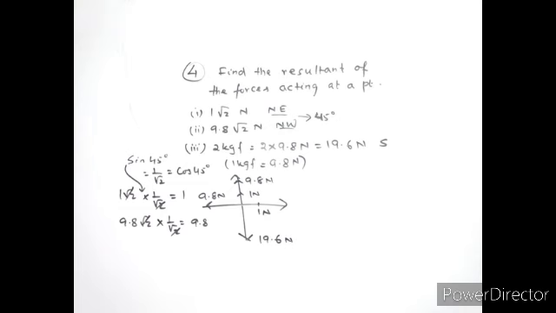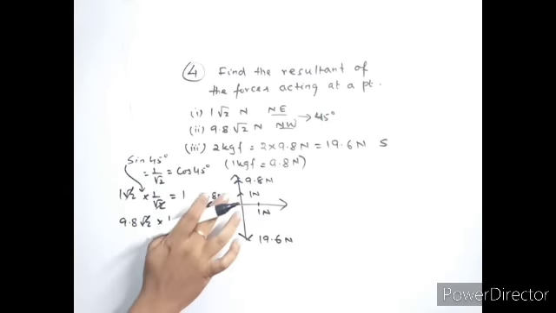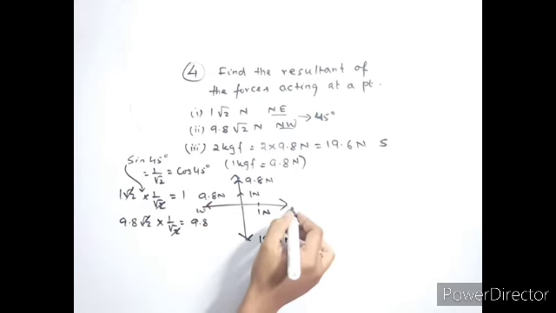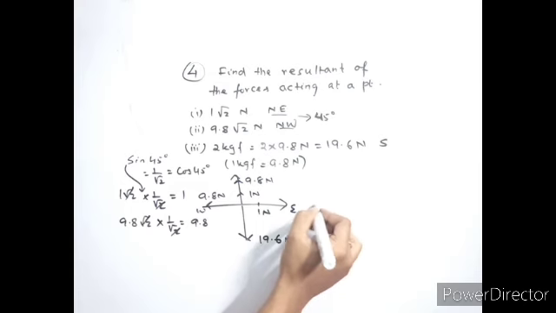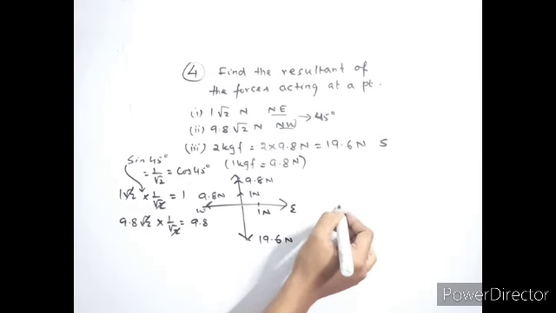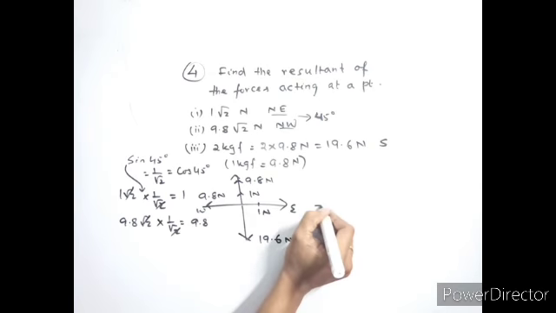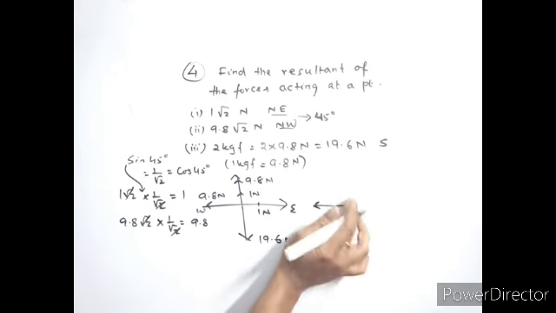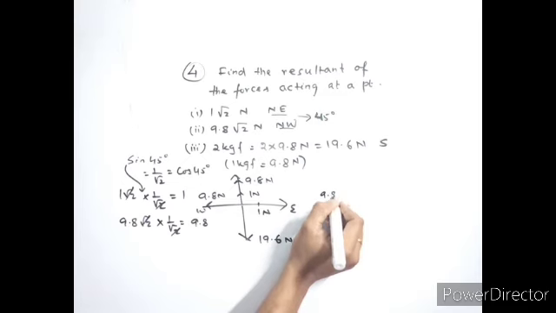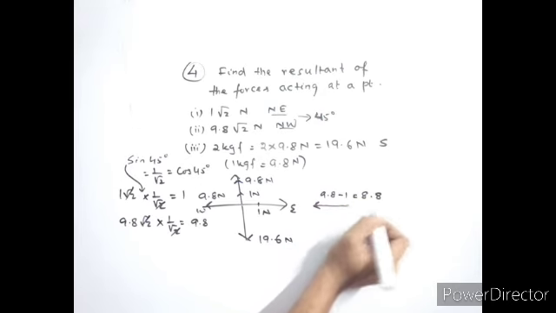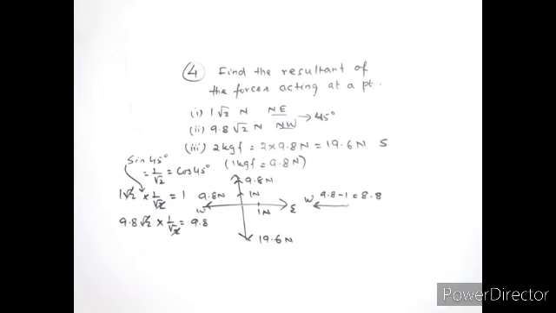So these are the forces finally, and for exactly opposite forces, the greater force will cancel the lesser one. So the resultant of the east and west directions will lie in the west, because the west has greater magnitude. 9.8 minus 1, that is 8.8 newtons in the west direction.